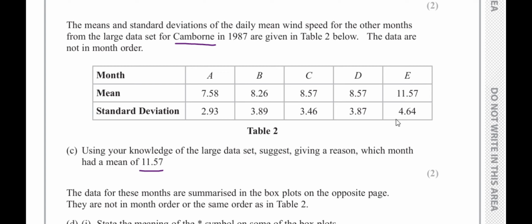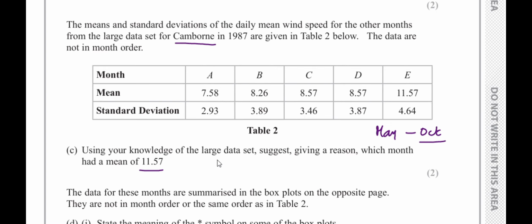And secondly, the large data set contains data from May to October. So the last month which is captured in the large data set is October. Which is also the last part of the autumn, so it's sufficient if we say that E most probably refers to October.